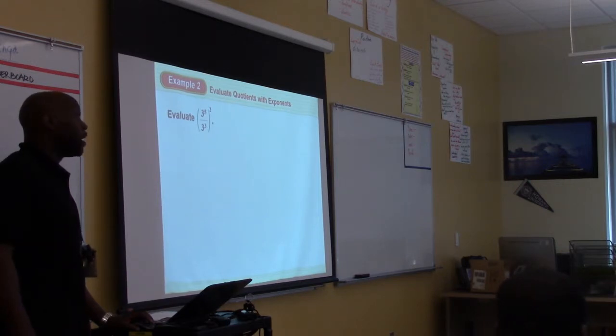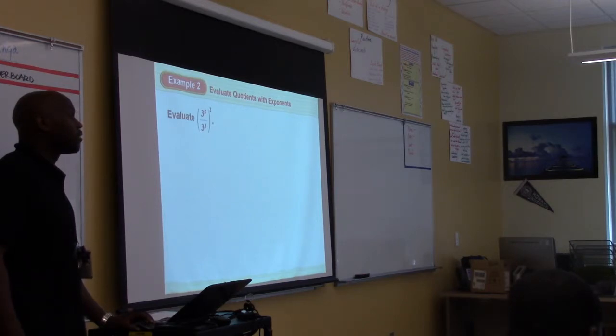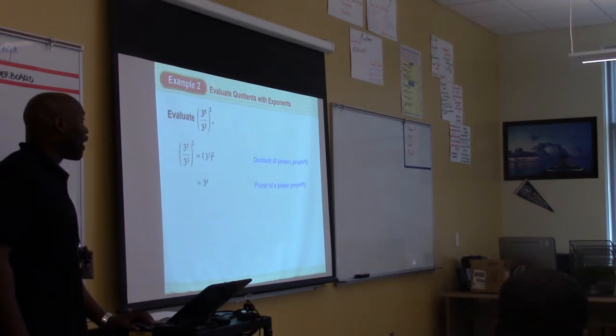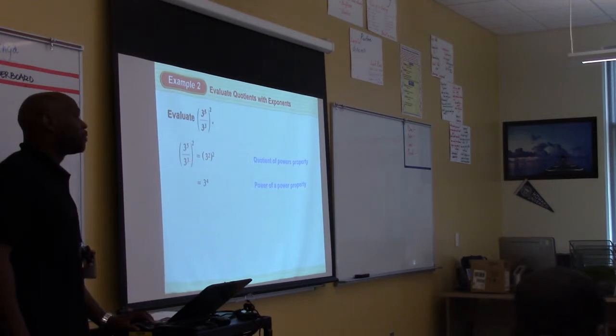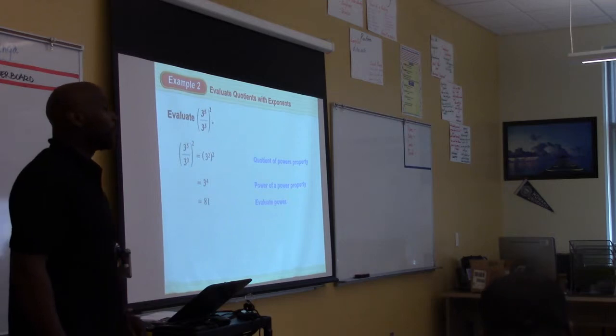It is 81, yes, but how do you get to 81? I did 5 minus 3. Okay, so that's our first step, 5 minus 3, then you raise it to the second power, then multiply by 3 to the 4th power, and you get 81. There you go, very good.